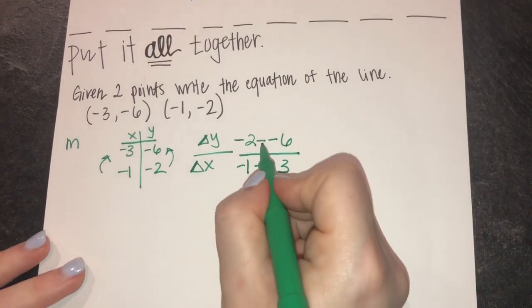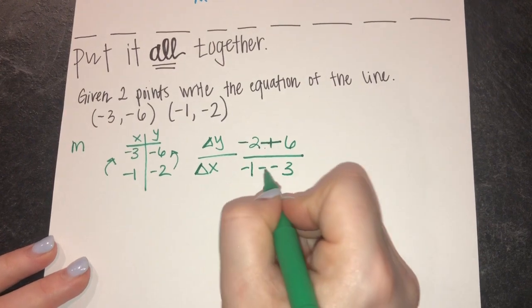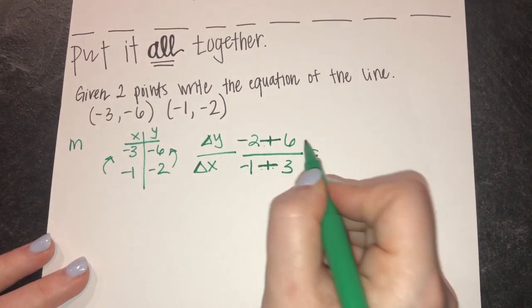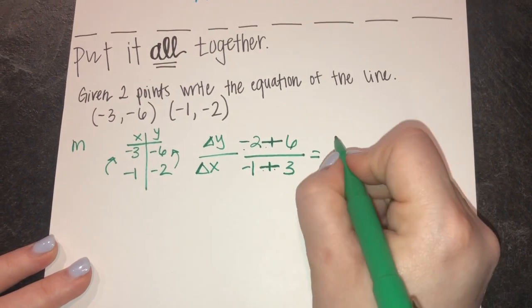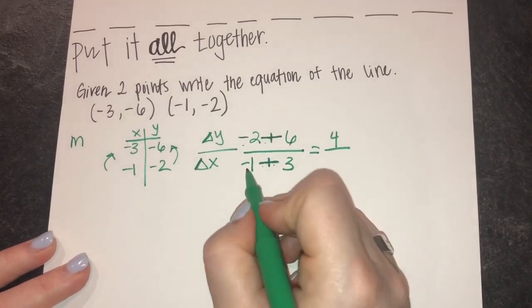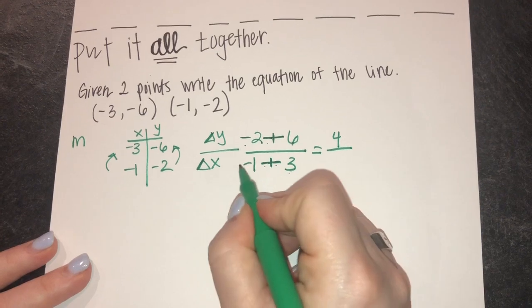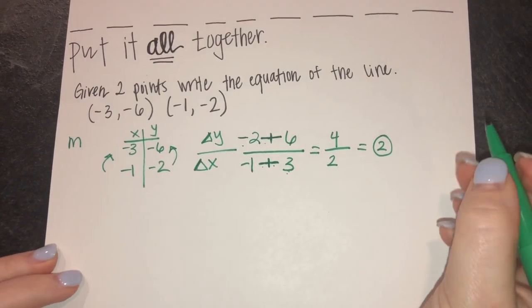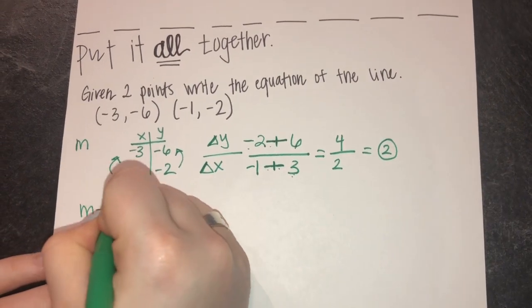Now, you guys know this. Minus a negative turns to a positive. Minus a negative turns to a positive. All right, -2 plus 6 is the same thing as 6 minus 2, so this is going to be 4. -1 plus 3 is the same thing as 3 minus 1, so this is 2, and 4 divided by 2 is 2. Boom, step 1. So we know our m is 2.